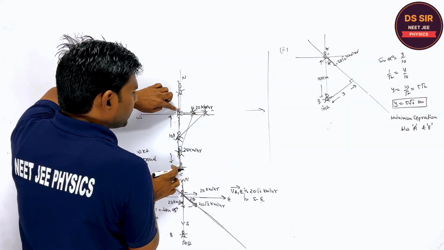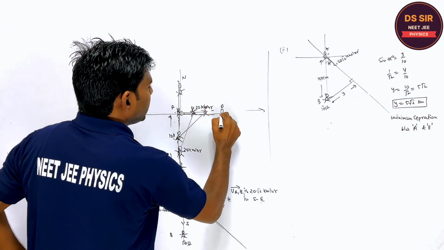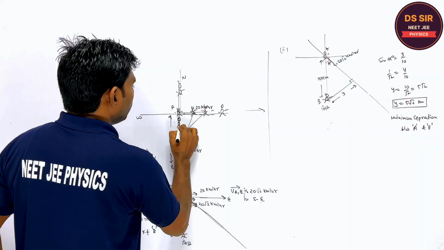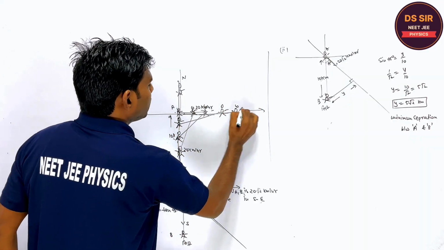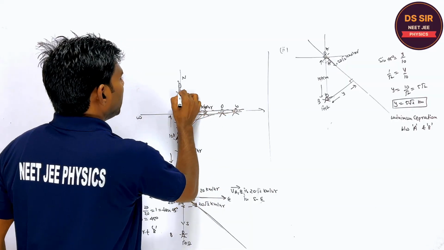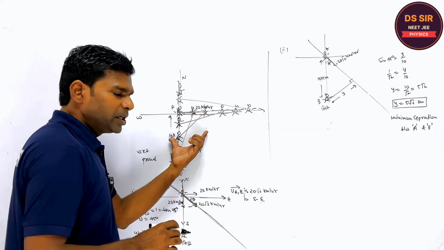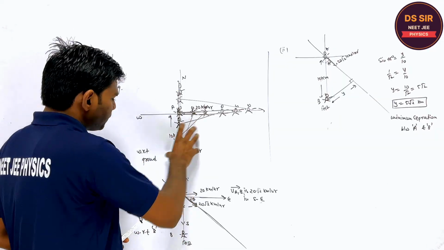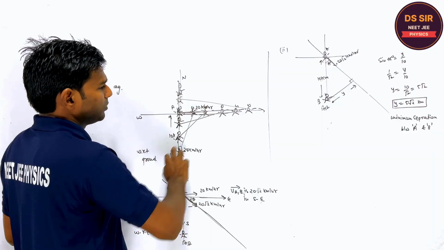So initially the separation is 10 kilometer, then the separation decreases, and again when it moves over here, this is the 10 kilometer. Again the separation is increasing. So it is very tough to solve this question, to find the minimum separation with respect to ground.